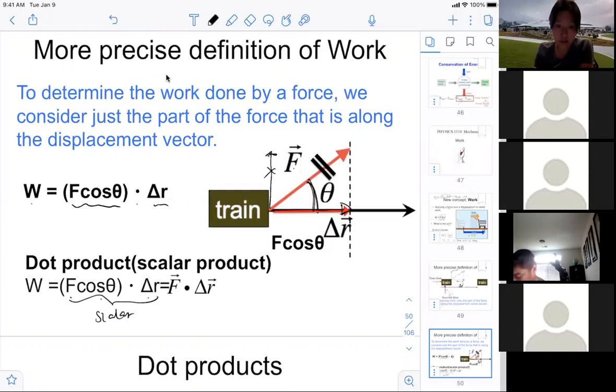Work is just a scalar. It does not have a direction. It's like energy. It's not a vector. It has only a magnitude, a number. But that is equal to the force vector F dotted into the displacement vector delta r.